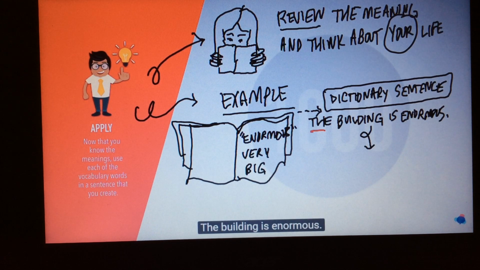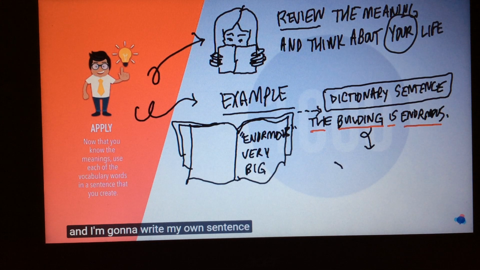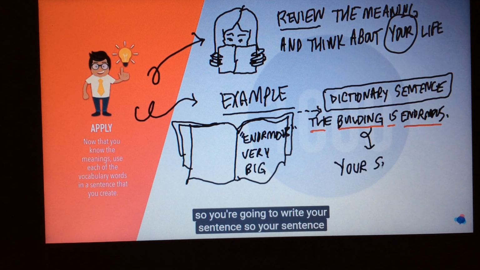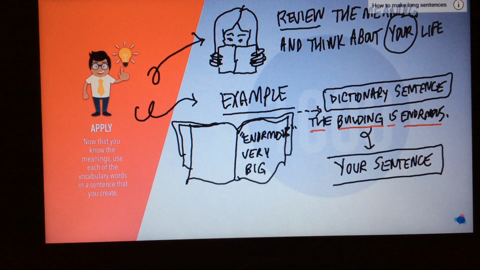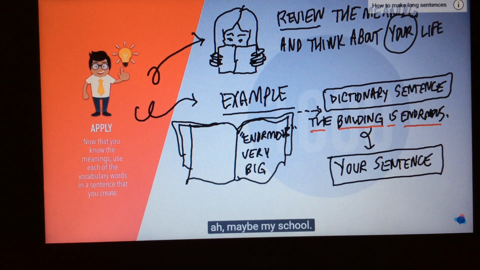The building is enormous. Now, what I'm going to do is think about my life, and I'm going to write my own sentence. So your sentence, which is my sentence right now, is going to be, maybe my school.